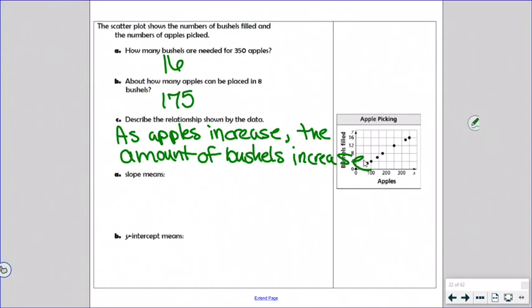What does the slope mean? How many apples per bushel? Actually, it would be how many bushels filled per apple, but I don't like that. How many apples fit in a bushel? How many apples per bushel?